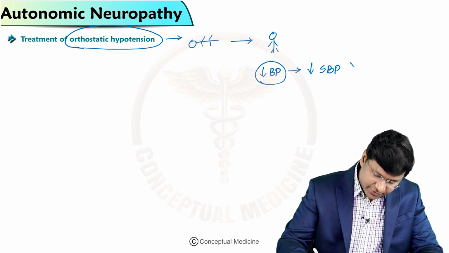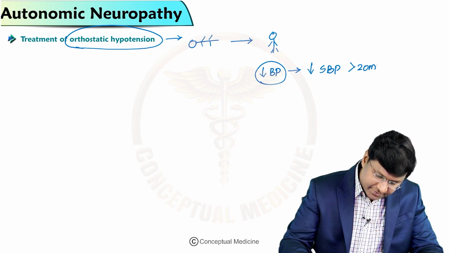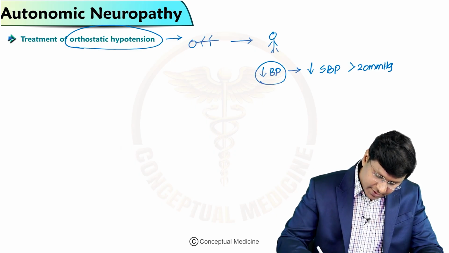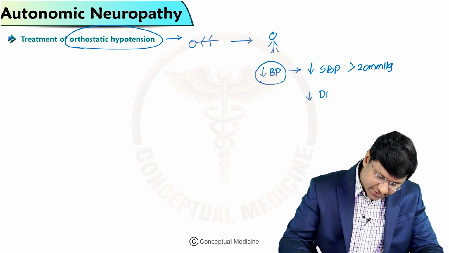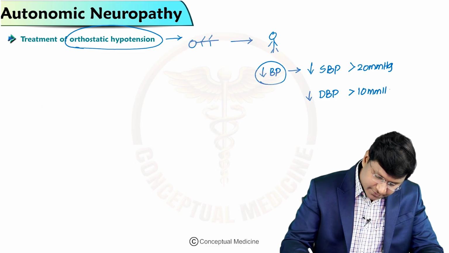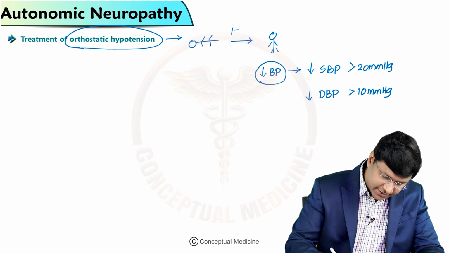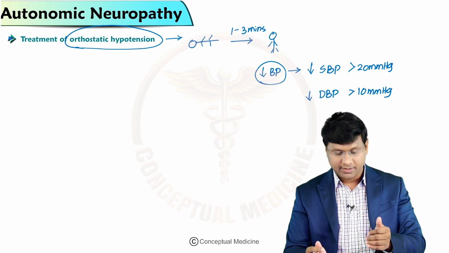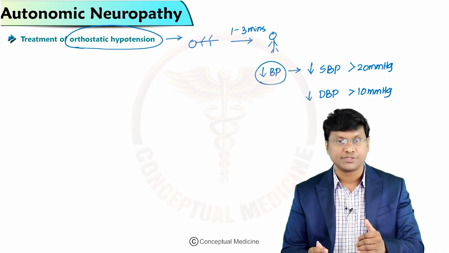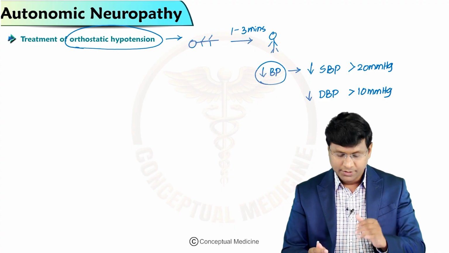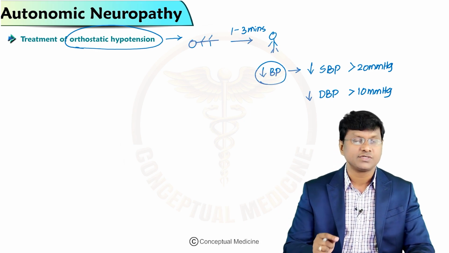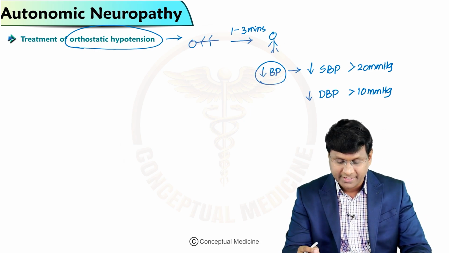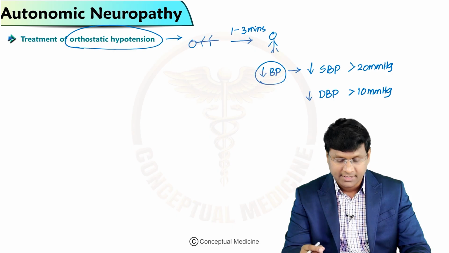Systolic blood pressure will fall more than 20 millimeters of mercury, and diastolic blood pressure will fall more than 10 millimeters of mercury, after 1 to 3 minutes of standing. From the supine position, once the individual attains the standing position, after 1 to 3 minutes you measure the blood pressure. If the systolic falls more than 20 and diastolic falls more than 10, we call it orthostatic hypotension.